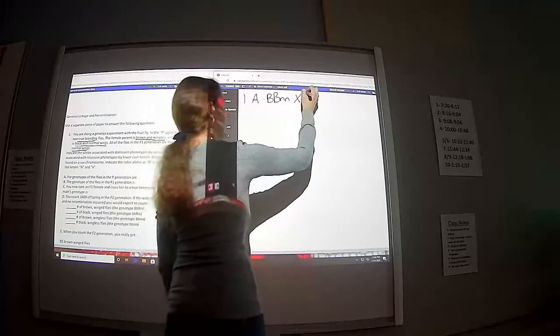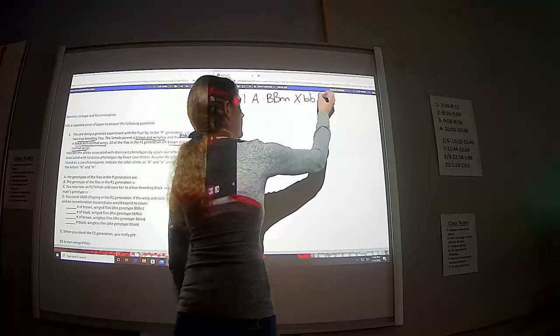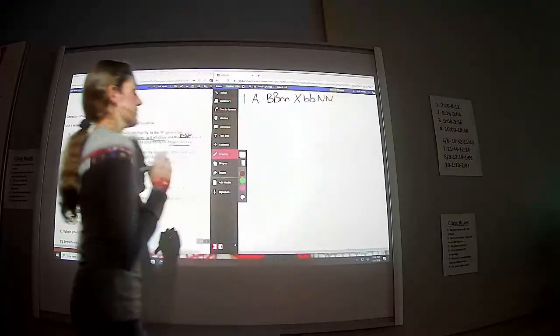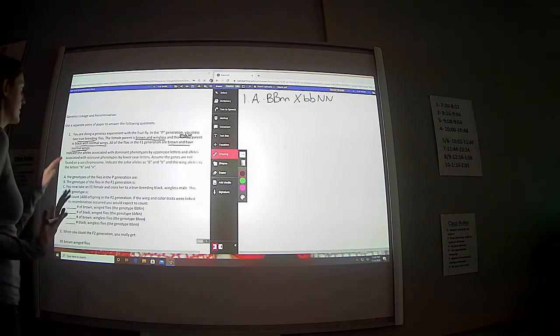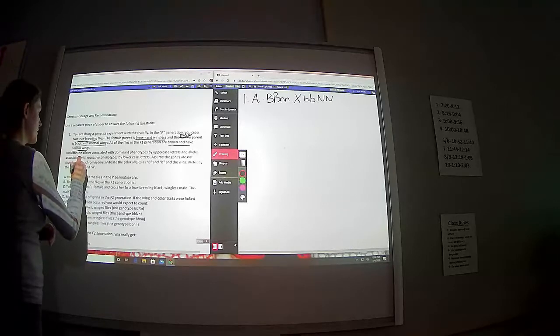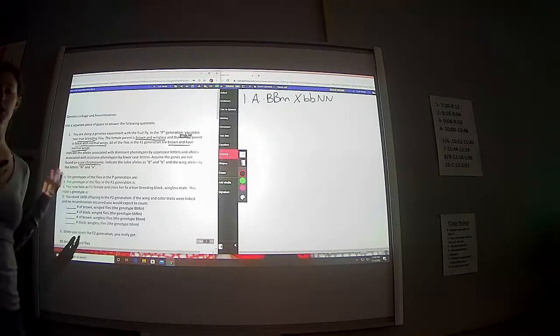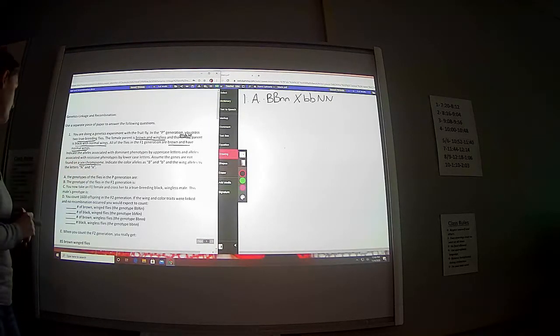The other parent is black with normal wings. So there's my parents. And it doesn't matter which one you have labeled as male and female, because this is not on the sex chromosome, which it tells us right here. It's an autosome, so it doesn't matter who you have as male or female.